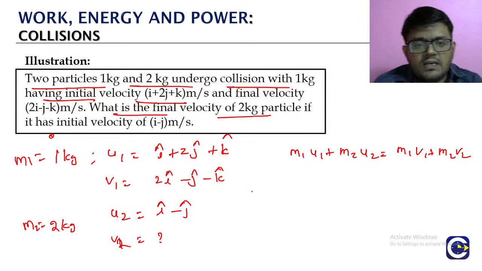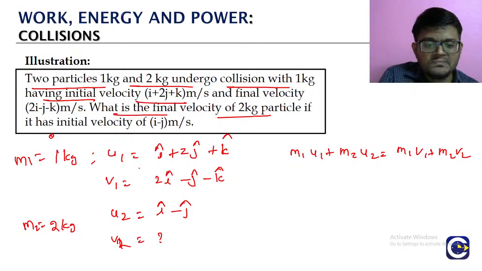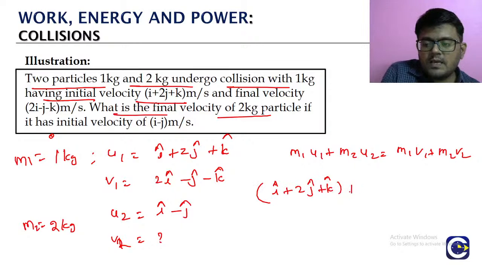You can also solve this parallelly and get the answer. Check it. m1 is 1, so 1 into u1 gives i plus 2j plus k, plus m2 into u2, which is 2 into i minus j, giving 2i minus 2j.